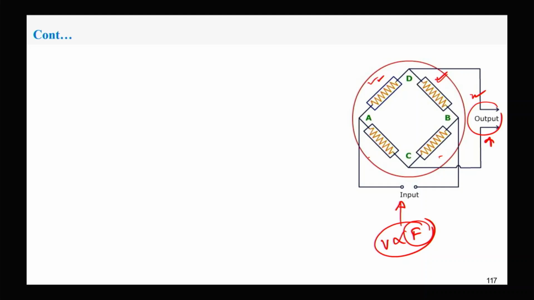The main advantage of this system is that we can develop instruments which are very, very sensitive for microbalance, where we measure very low mass, up to very high capacity weight.